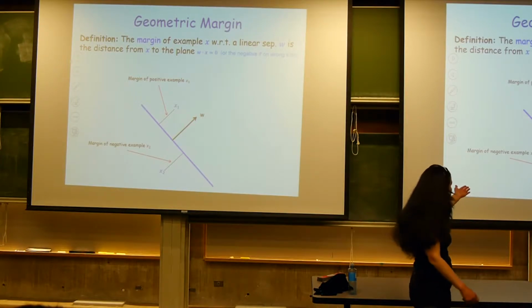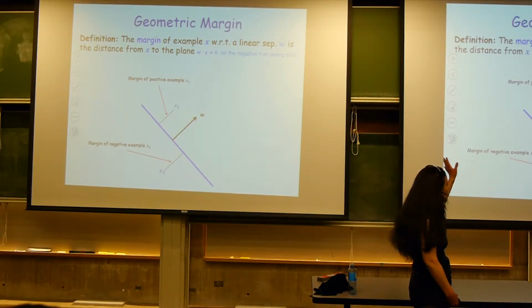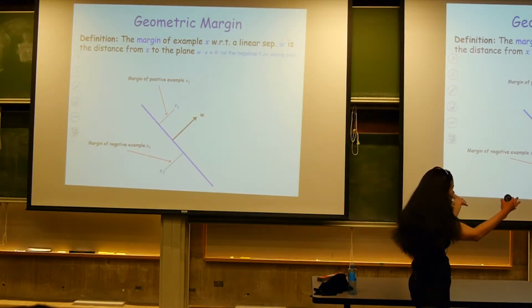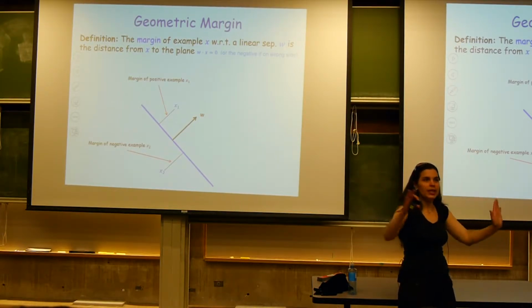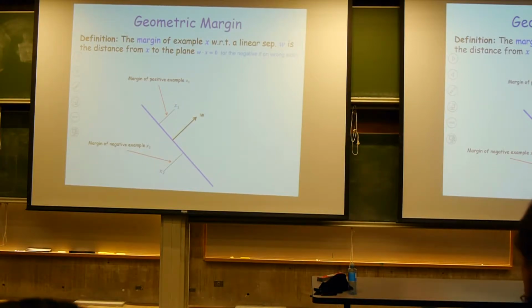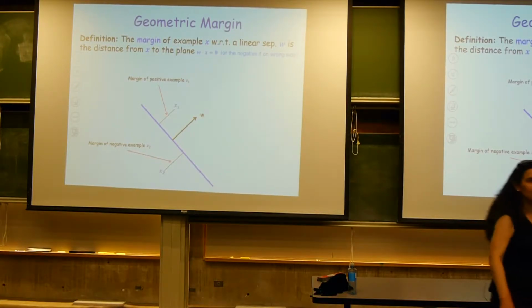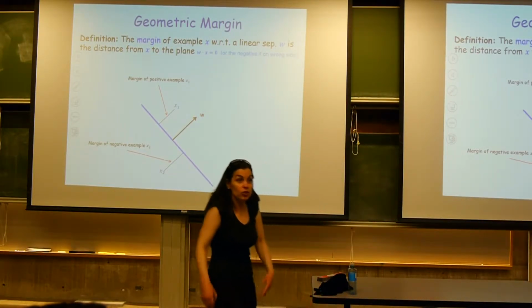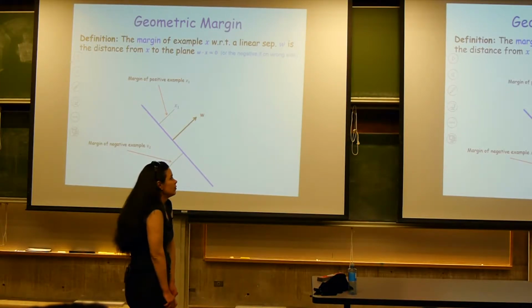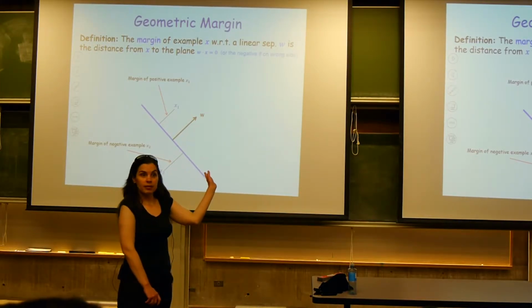And the margin on a negative example, people define it in two different ways. You can define it as the distance or minus the distance. It doesn't really matter. The absolute value of the margin is the distance from this point to the hyperplane under any definition. So the margin is very simple. That's just the geometric margin in Euclidean space.